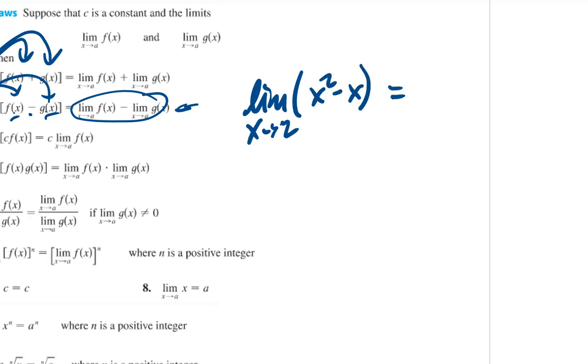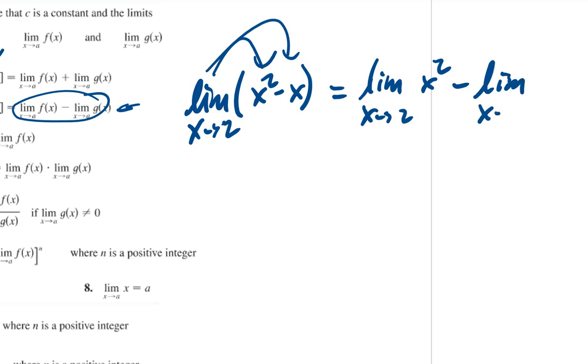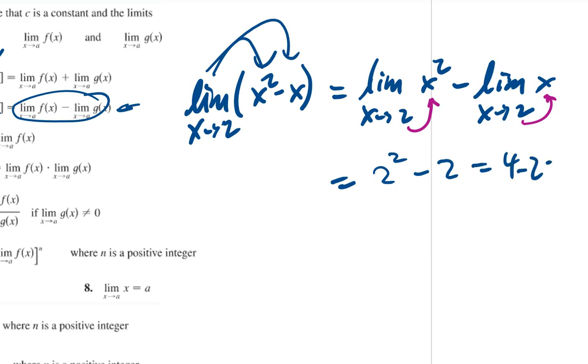You can distribute the limit through, and it'll be the limit as x goes to 2 of x squared minus the limit as x goes to 2 of x. And then there's going to be a rule later on where we can just plug the 2 in. I'll show you in a minute. You can plug the 2 in to these two directly and just get the answer. So you get 2 squared minus 2, which is 4 minus 2, which is 2.